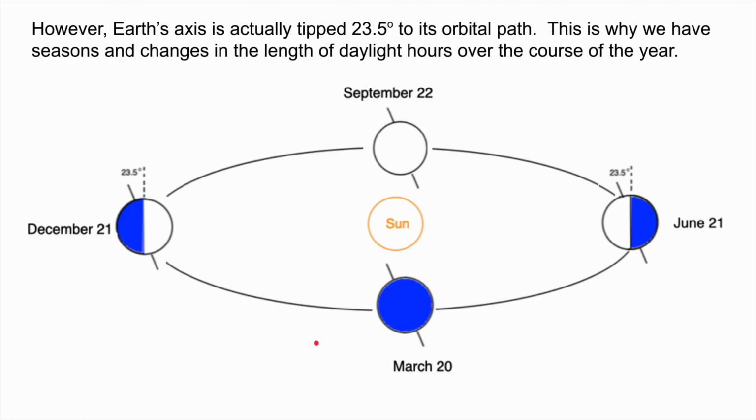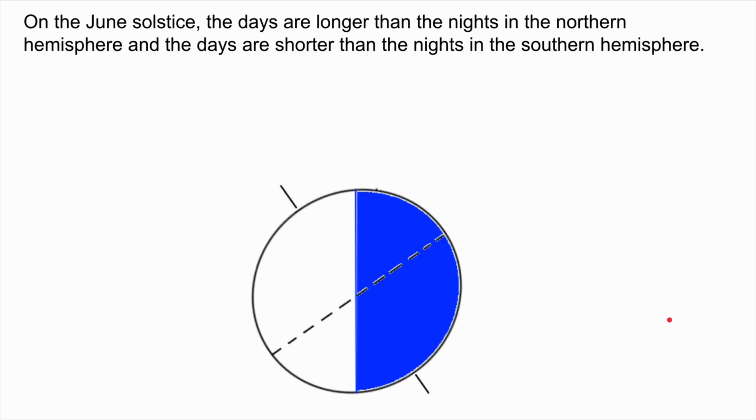And as I come around to March 20, and I'm looking at the nighttime part of the Earth, I find that this axis is neither tipped towards nor away, and as we move this way, it gets tipped more and more towards, the northern part more and more towards, and we move into summertime.